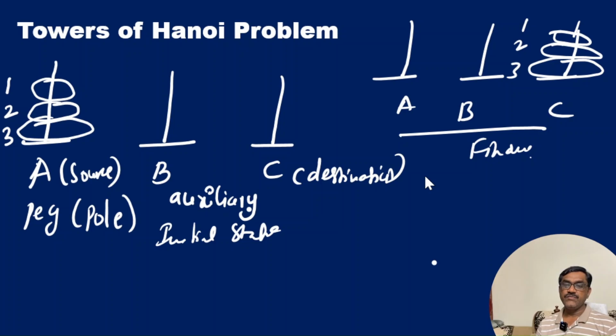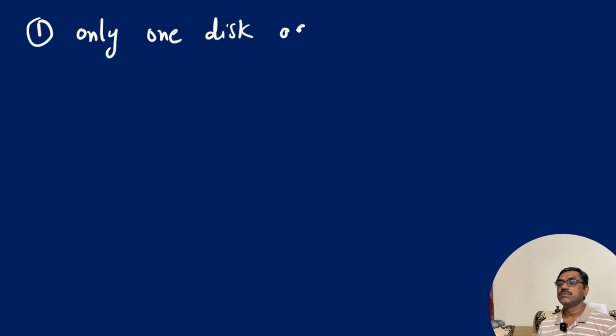Now, what are the conditions or constraints to move the disks from one peg to another peg? That we have to see. The important conditions you have to satisfy are, the first one: only one disk should be moved at a time.